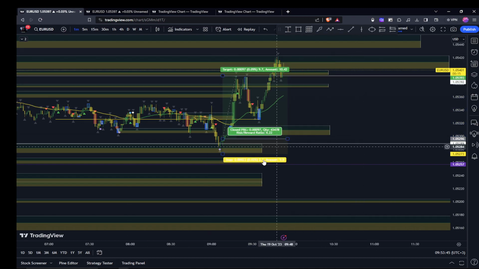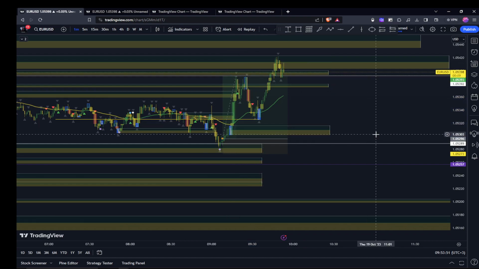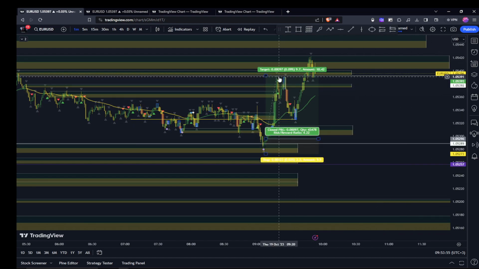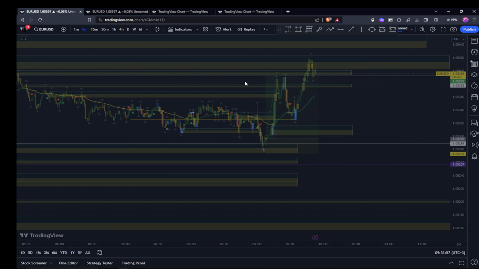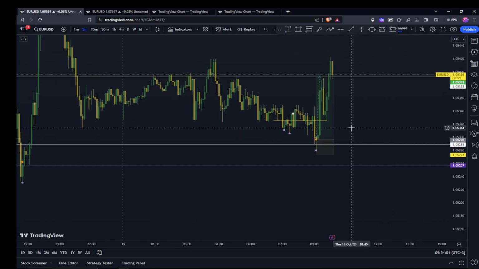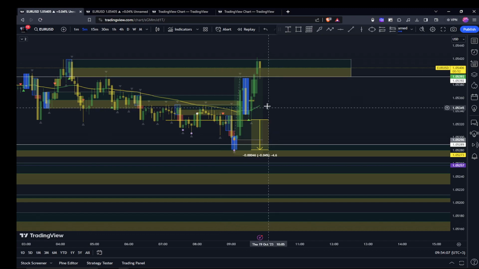As you can see, the market came and hit this, and then we reversed. It came perfectly, hit that, and perfectly hit the high of this, and we started to reverse.